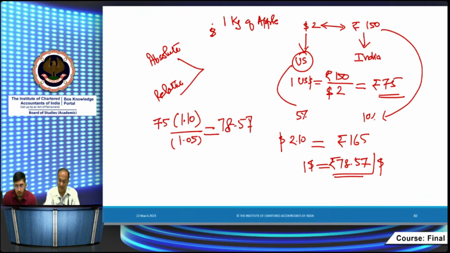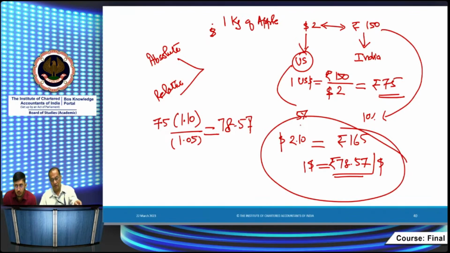That is the logic of this theory. But since it is a very simple theory, another version is used, called the relative form, wherein we cannot say an apple of the same quality will be there; rather we use a basket of goods, and compare the basket of goods prices in India vis-a-vis the prices in the USA. From there we can compute. So this is the basic idea.